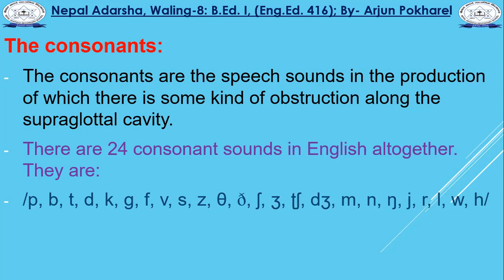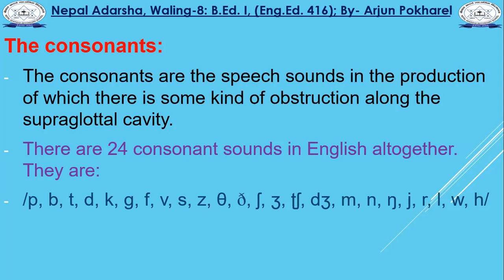Consonants can be defined phonetically or phonologically as well. But here, for your convenience, we can define consonants as the speech sounds in the production of which there is some kind of obstruction along the supraglottal cavity or oral cavity, from the lungs to your nose or lips.